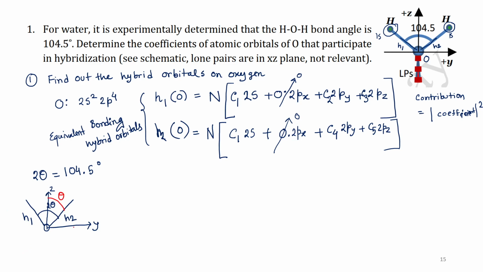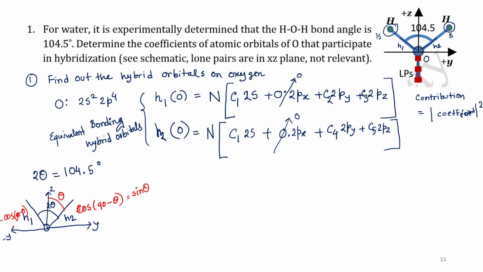The contribution on the py orbital on H2 would be cos of 90 minus theta, which is your coefficient, and this is nothing but sine theta.